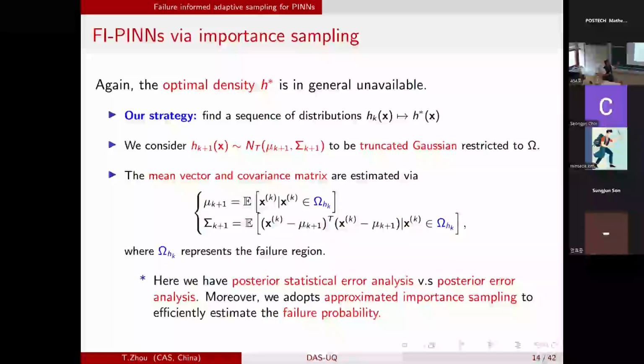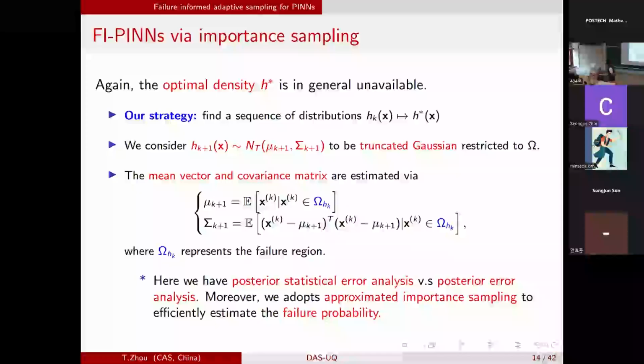Based on that information, you estimate the mean and the variance for the next step. In the next step, you use this Gaussian distribution to model the so-called optimum density. Based on this, you can compute the failure probability in the next step and generate a new point also based on this density.